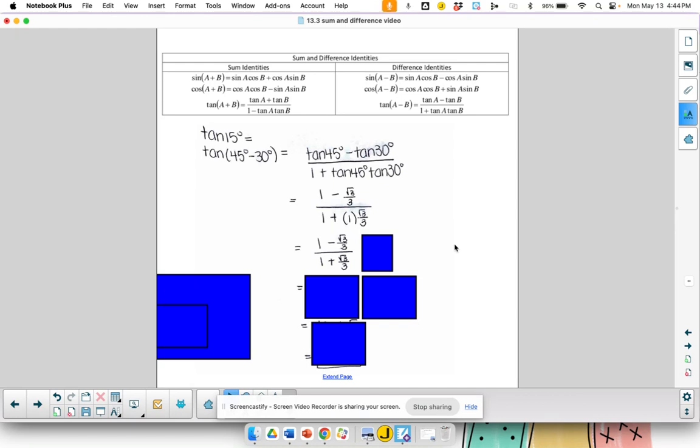So step 1, I'm going to get rid of the complex fractions by multiplying the entire thing by 3 over 3. I'm allowed to do this because I'm multiplying by 1. And what it's going to do is get rid of those complex fractions for me. So I'll distribute the 3 to the numerator, and I'll distribute the 3 to the denominator. And then from here, I'm going to rationalize by multiplying by the conjugate.